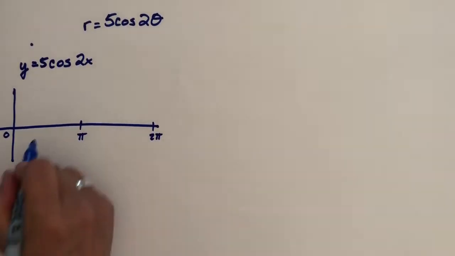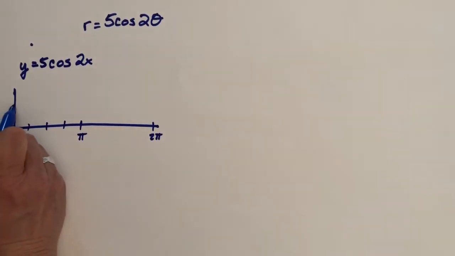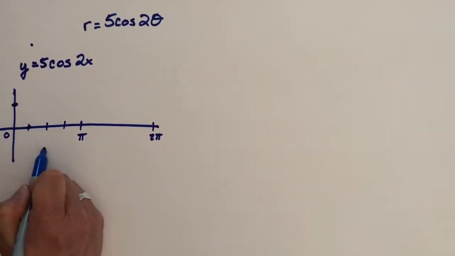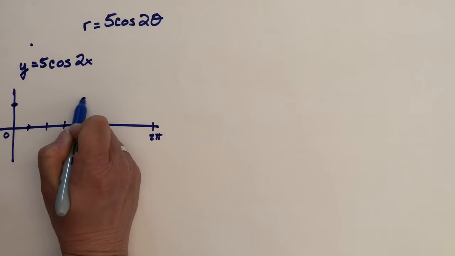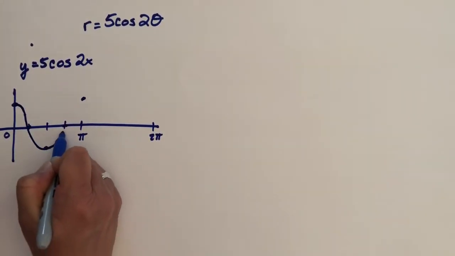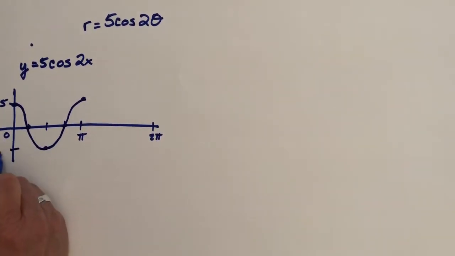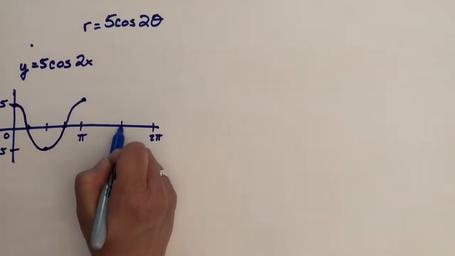So let's cut that up in quarters again. One cycle of our cosine graph would look like this. Notice our amplitude is 5, meaning our petal length will be 5.